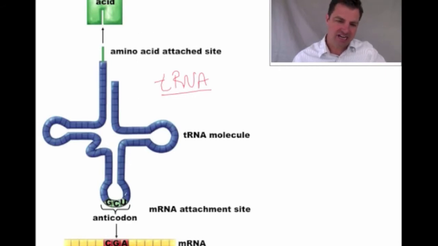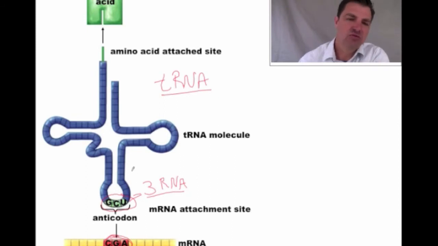On one side, it has a series of 3 RNA bases that are going to be the opposite of my codon sequence, my section of 3 in my mRNA. That's going to be called the anticodon, and that's going to bind to the codon, which is a section of 3 mRNA bases. So that's on one side. On the other side, I'm going to have my particular amino acid.